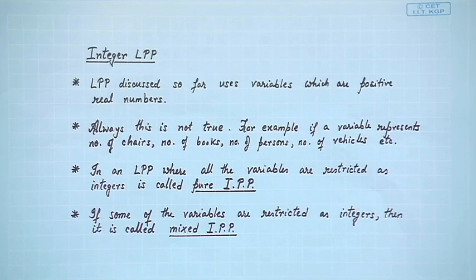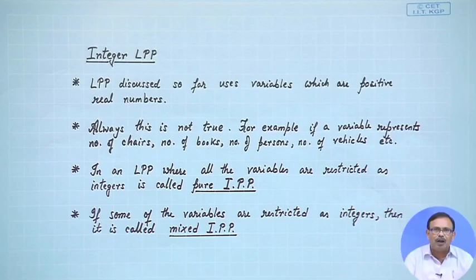An LPP where all the variables are restricted to integers is known as an integer programming problem, or in short, IPP. Please note this: in an LPP, when all the variables are restricted to integers, it is known as IPP.